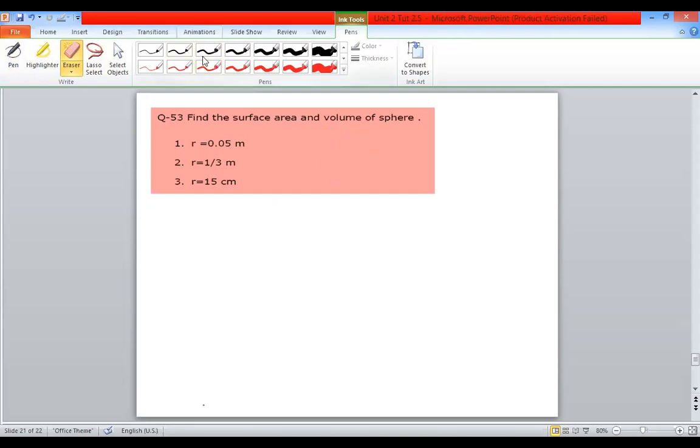Okay, now I'm going to start our examples. Here the radius is given, it's 0.05 meter. First of all, we find the surface area. The surface area is 4 pi r square. Put in the values: 4 times pi, which is 22 by 7, times r, which is 0.05, twice.